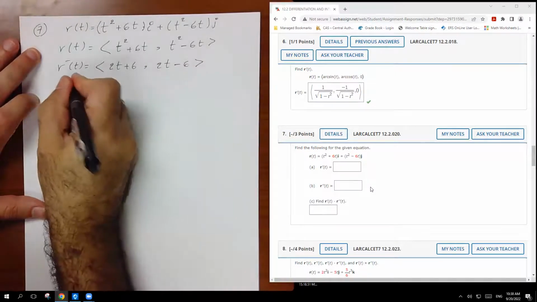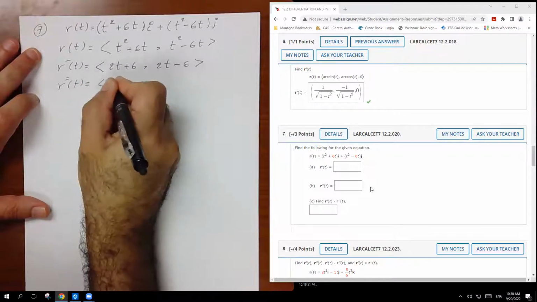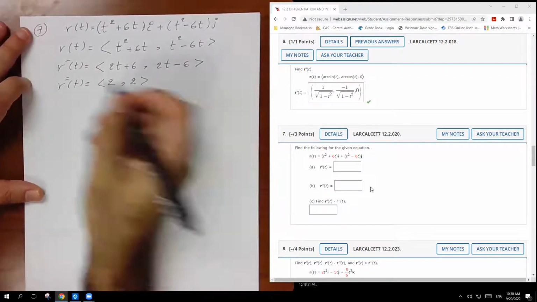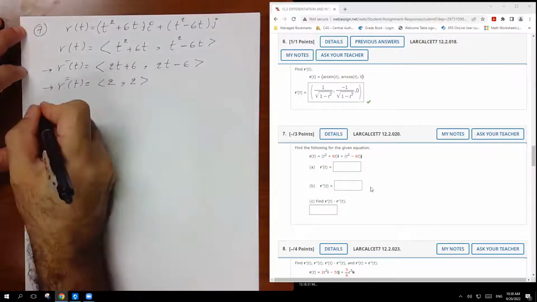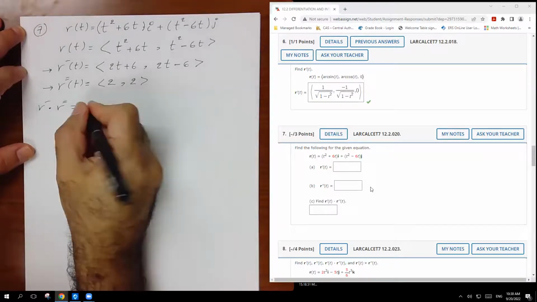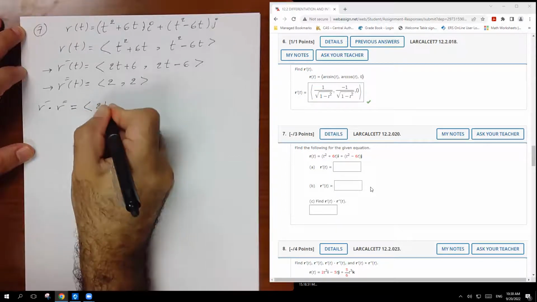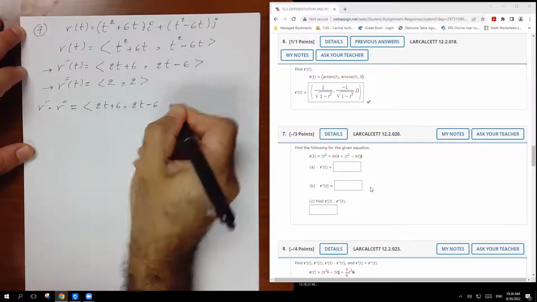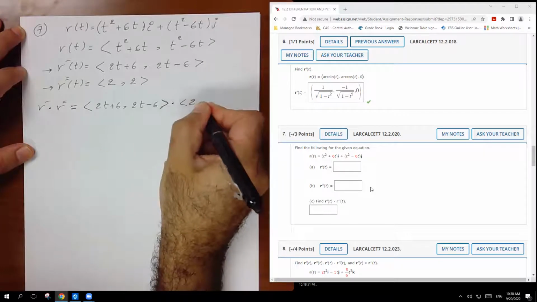Then r double prime of t is going to be 2 and 2. So this is r prime, this is r double prime. Now we need to find r prime dot product with r double prime. It's a dot product, be careful: 2t plus 6 and 2t minus 6 dot product with 2 and 2.